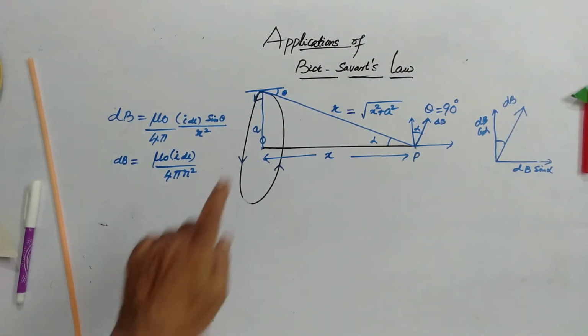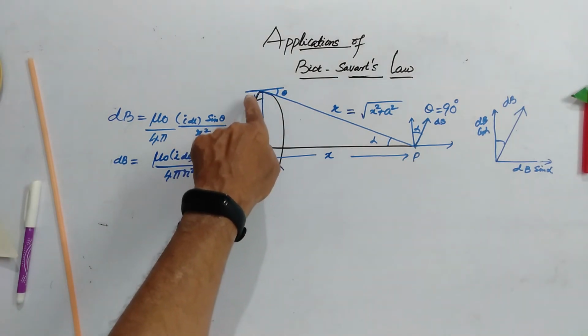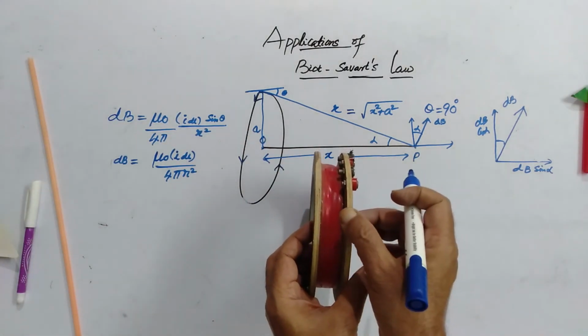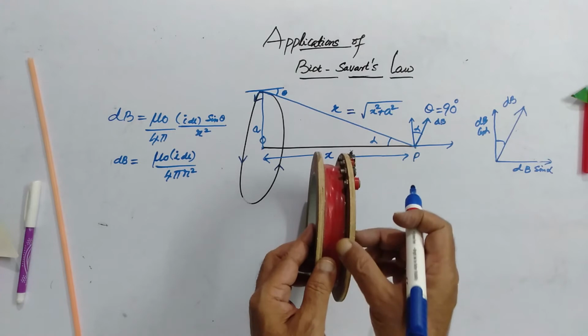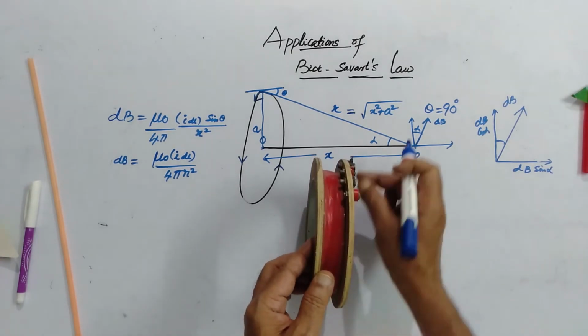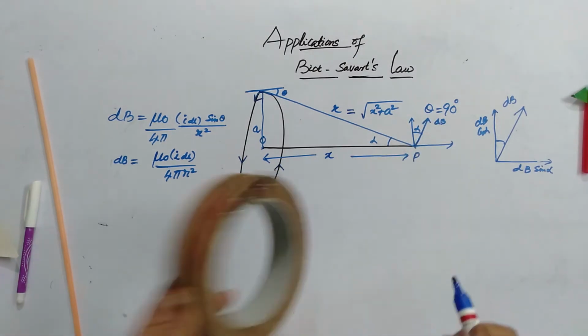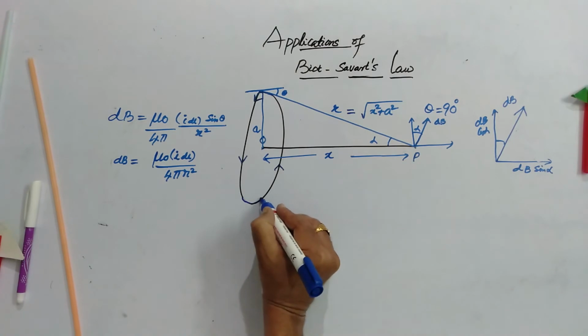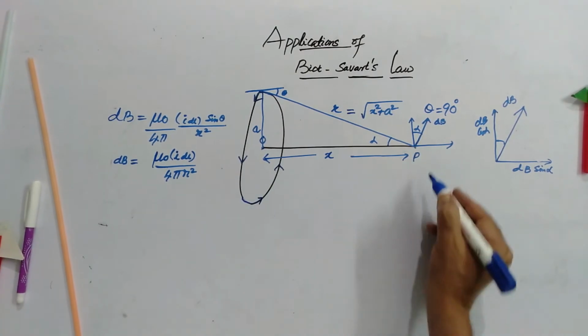Now we have taken a current element here. Like that, we can take current elements anywhere on this circular loop. Here, here, here, downwards, anywhere. Suppose if you take a current element here, then what happens?